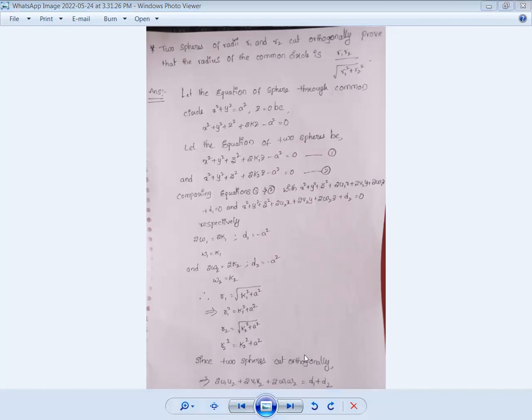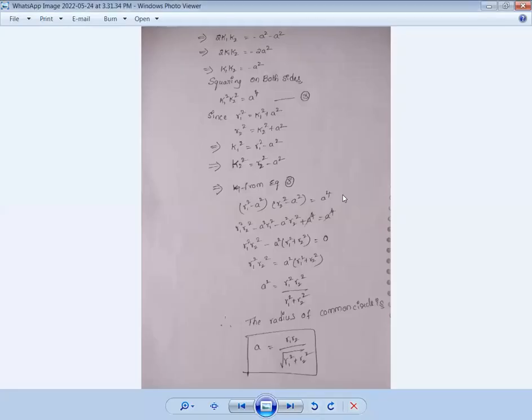Next, here 2k1k2 is equal to minus a square minus a square. 2u1u2 plus 2v1v2 plus 2w1w2 is equal to d1 plus d2.